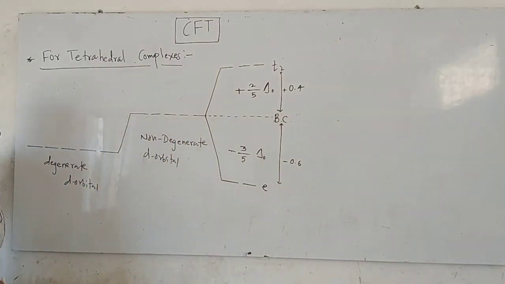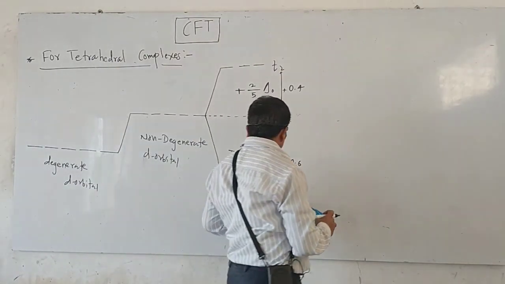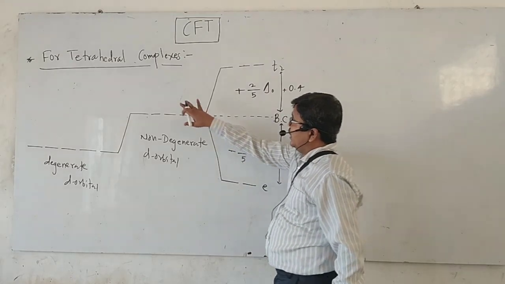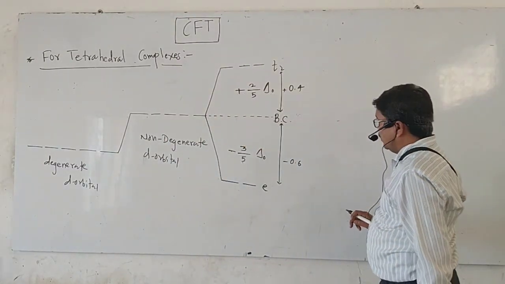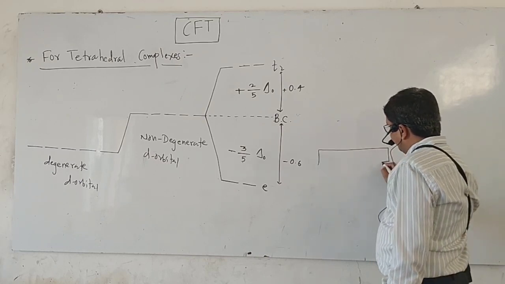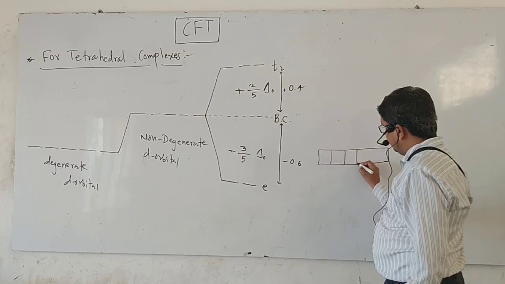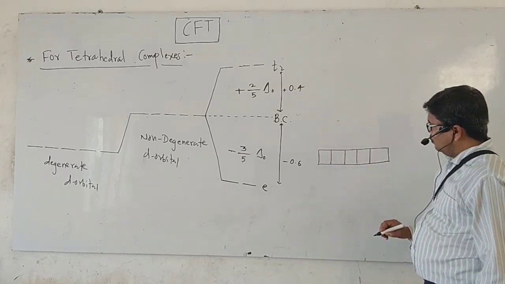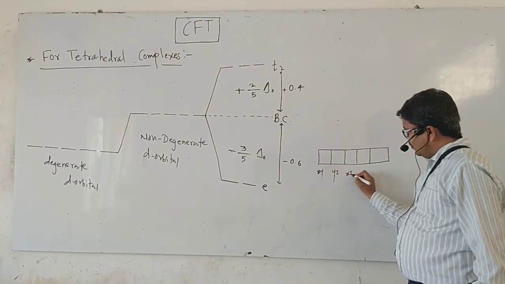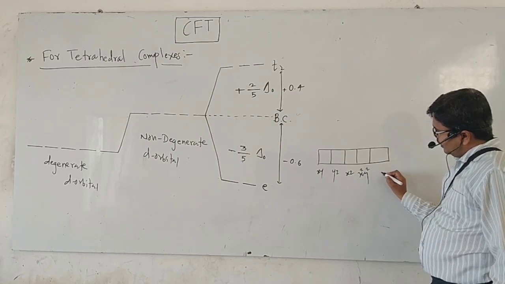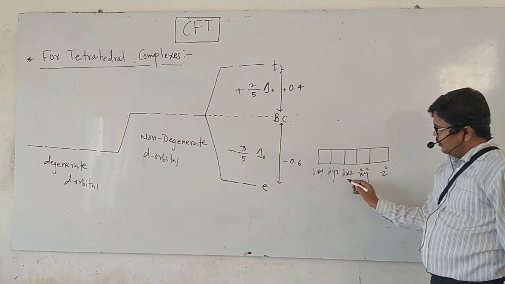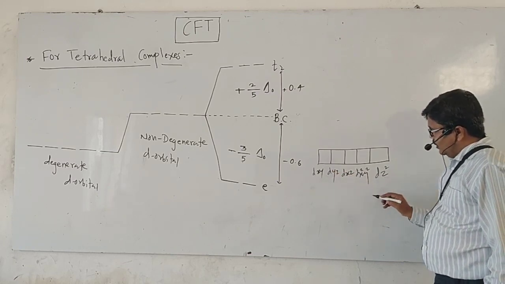Okay. Now, the question is why E is down and T2 is up in the case of tetrahedral complexes. You know that the d orbital has 5 suborbitals: dxy, dyz, dxz, dx²−y² and dz².